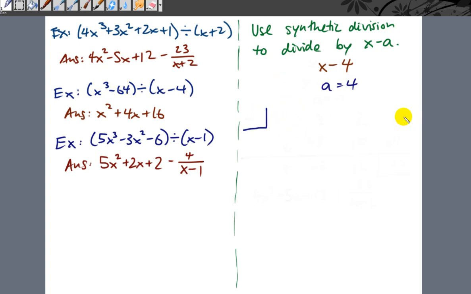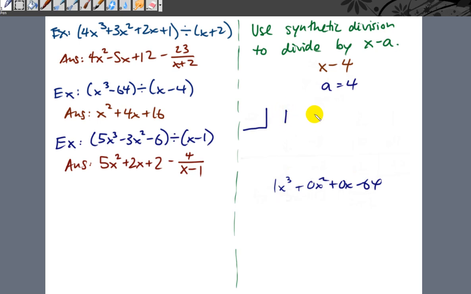Recall when we did long division, we had to put little placeholders, the leading zeros, for what you cannot see. So for example, this is x cubed plus 0x squared plus 0x minus 64. So if we put these leading coefficients that you see here, this is going to go up here.